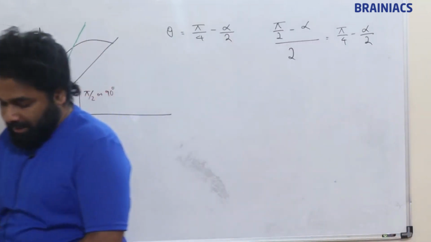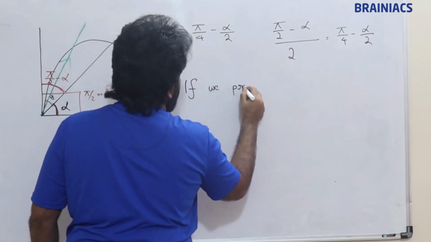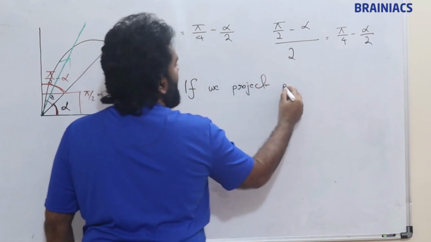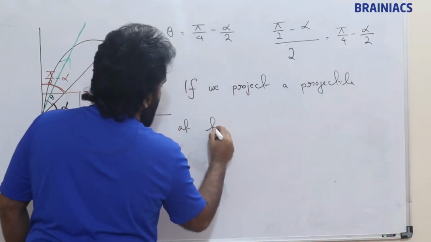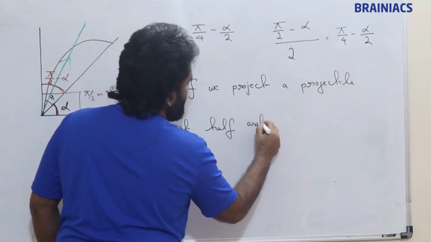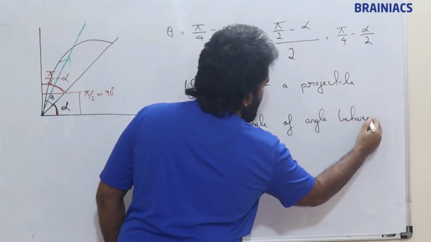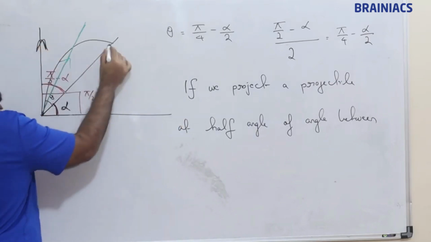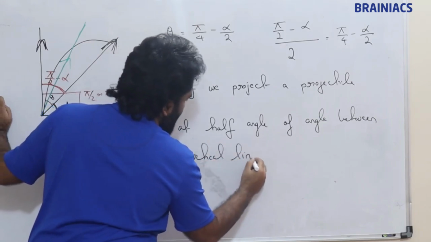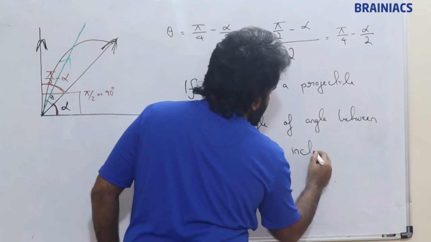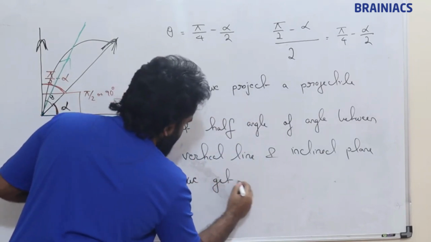Okay, so if we project a projectile at half angle, half of the angle between the vertical line and the inclined plane (see, this is the vertical line and this is the inclined line), we get maximum range.